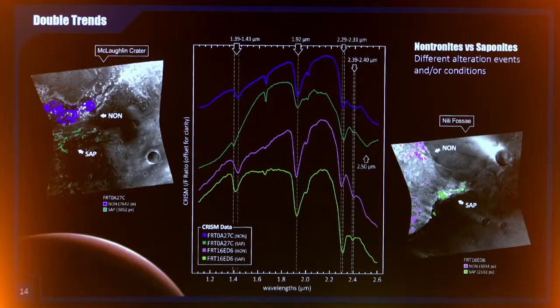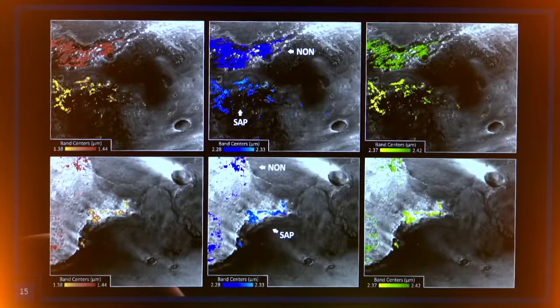For instance, in McLaughlin Crater you have nontronite next to saponite, same in Nili Fossae. This could be due to different weathering conditions, or maybe one outcrop has been exposed earlier than the other, leading to these different trends and this shift in the band absorption.